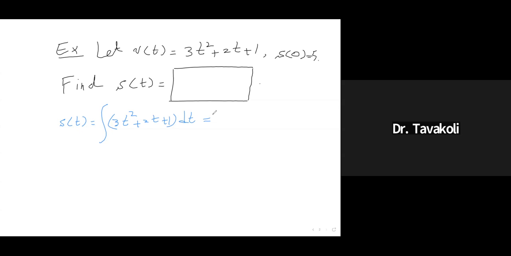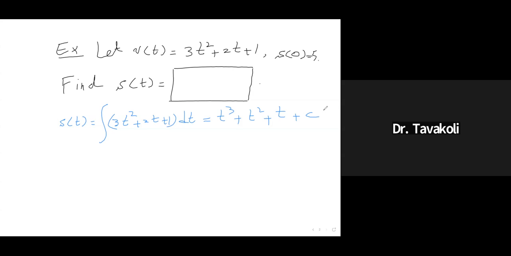This is a simple integral at the level of Calc 1. For 3t squared, the antiderivative is t cubed. For 2t, it is t squared. And the antiderivative of 1 is t. Plus c. So s of t equals t cubed plus t squared plus t plus c.